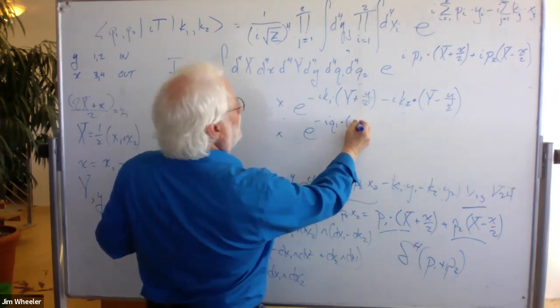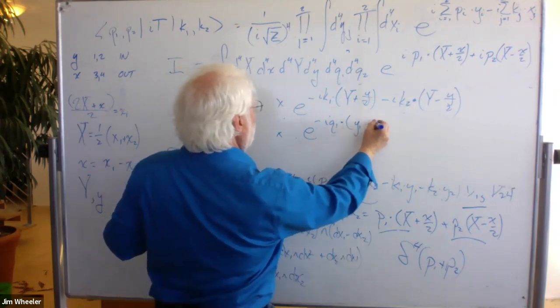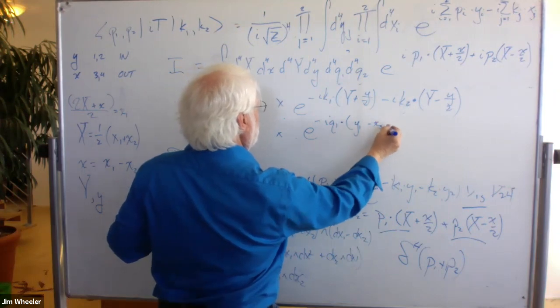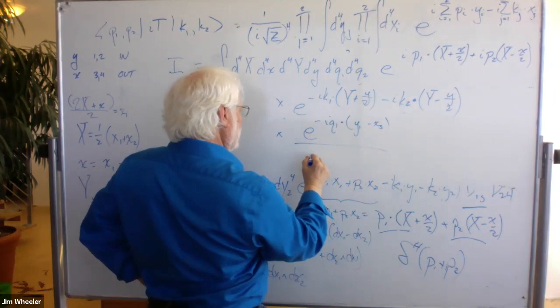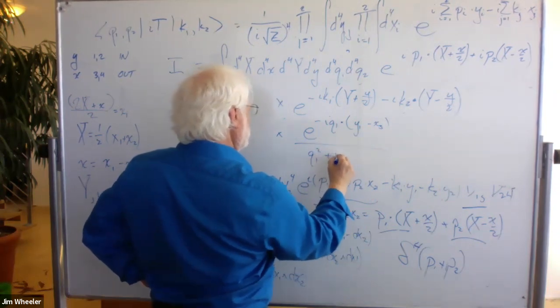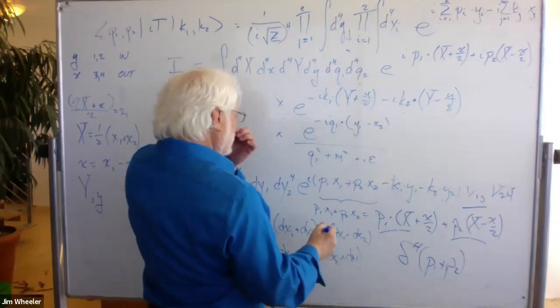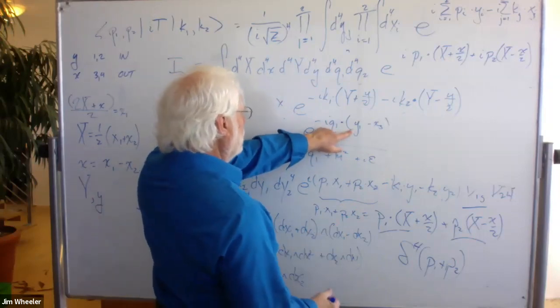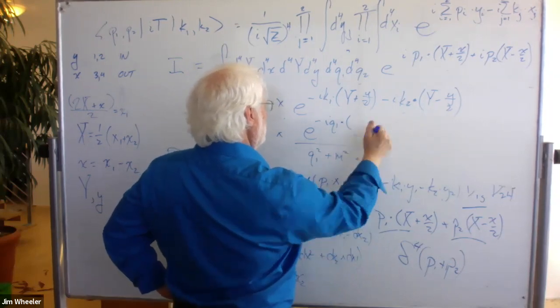All right, so that's going to be a y1 minus x3 in that propagator. Then down here we have q1 squared plus m squared, like this. But now this isn't going to be a simple big thing.